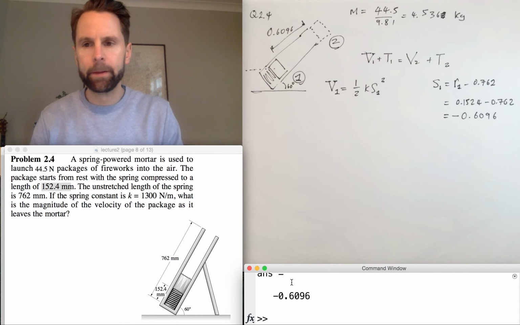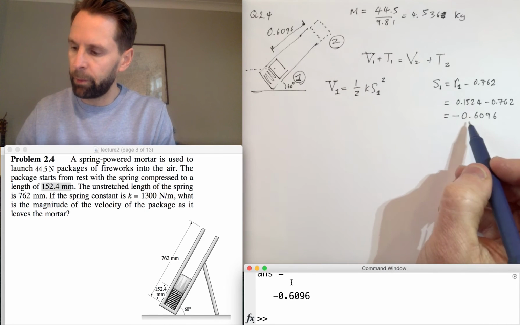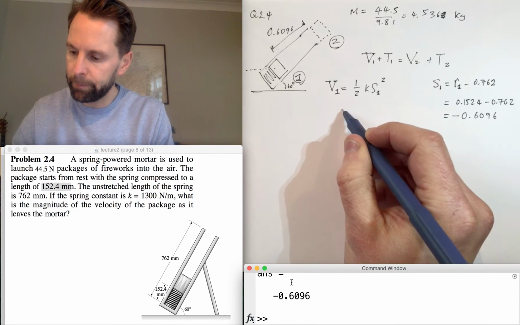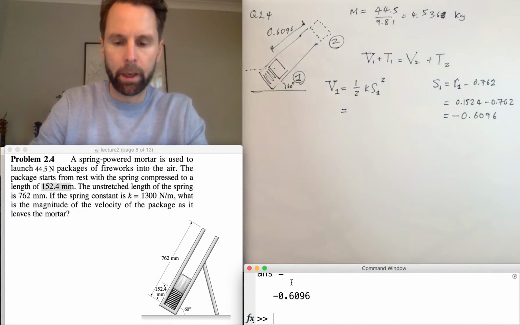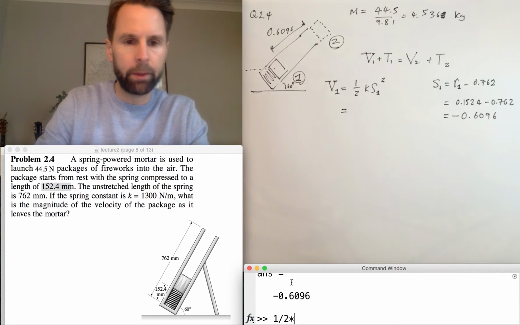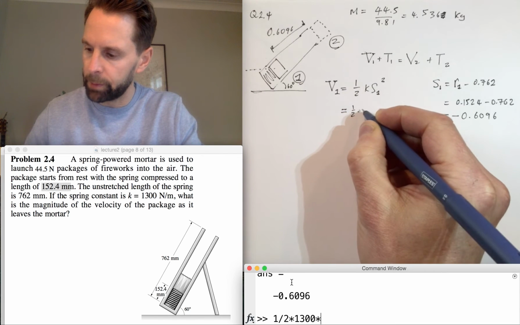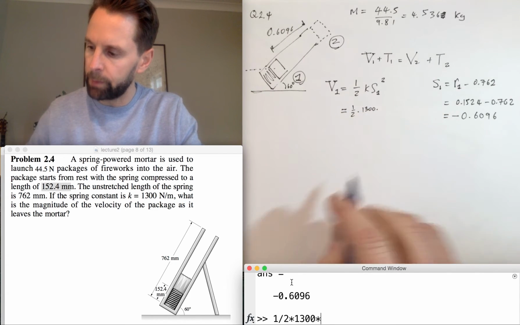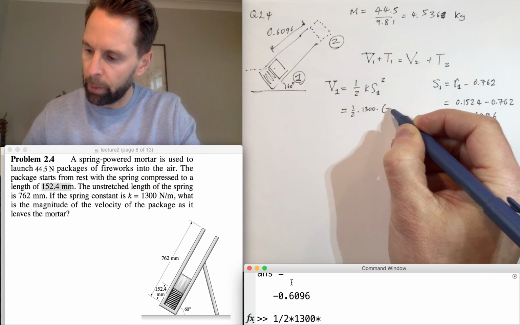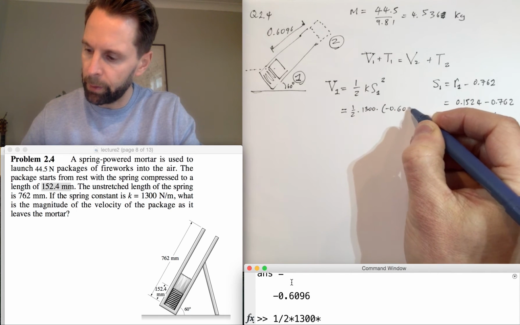Okay, so we can now put that in to work out the potential energy. Half times K, which is 1,300, times the stretch, minus 0.6096, squared.